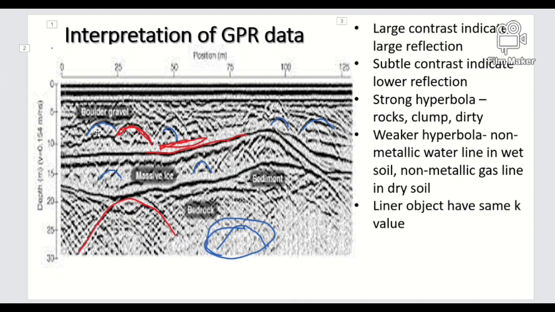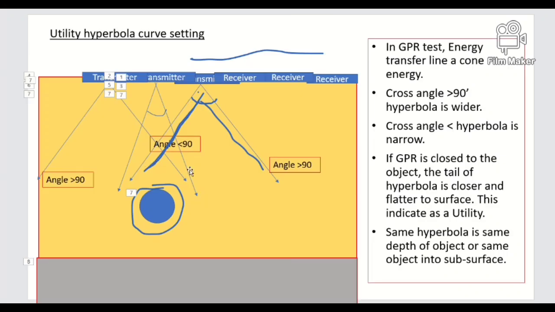Here we can detect the object under the ground, and through the hyperbola we can tell how far it is from the surface or whether it is near the surface. We can also detect the main line from the GPR ground surface.